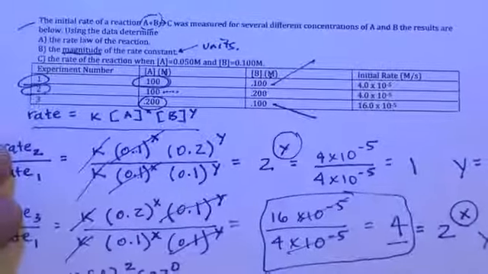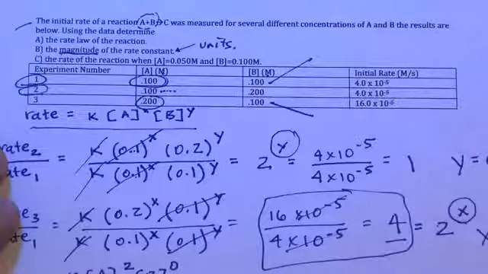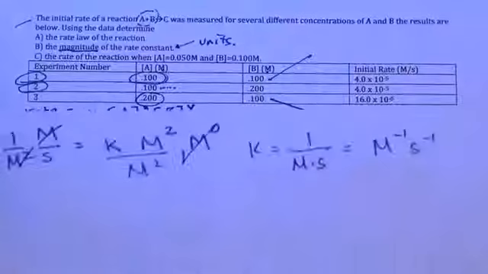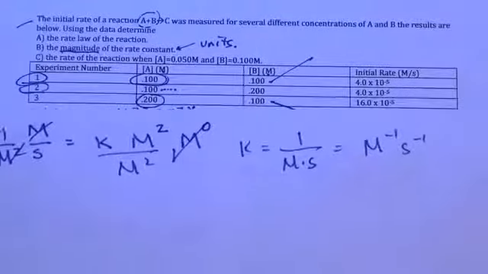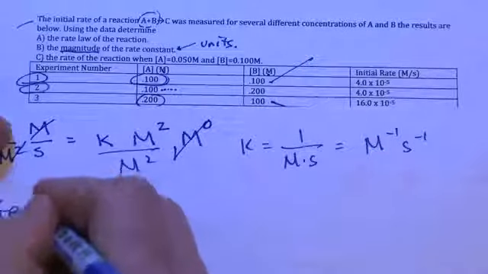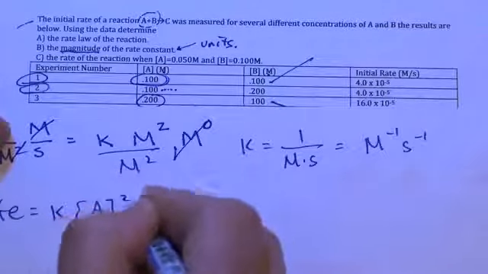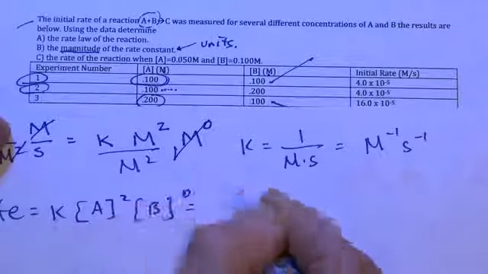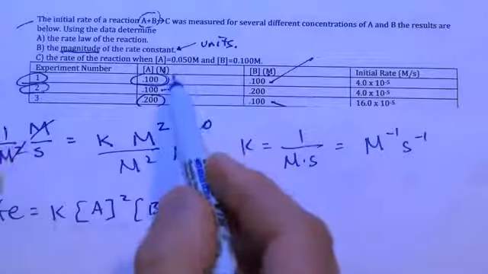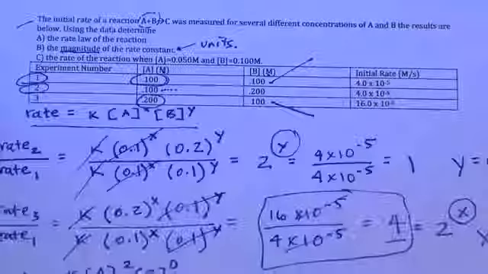So now that I know the rate expression and the magnitude and units of the rate constant, I can plug that right in. I'm just going to slide this up here so that I can put the numerical values in. I know that the rate expression is equal to some constant k, A to the second power, B to the 0 power, and so I can take these numbers and plunk them in. k I solved for down below in letter B, and that was 4 times 10 to the negative third.